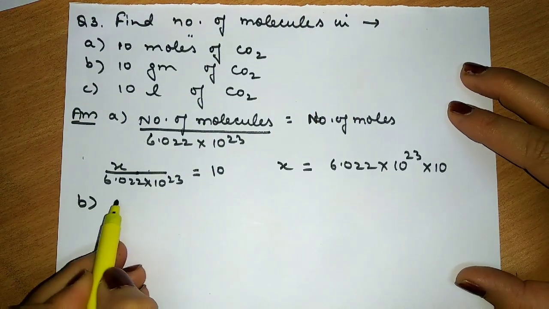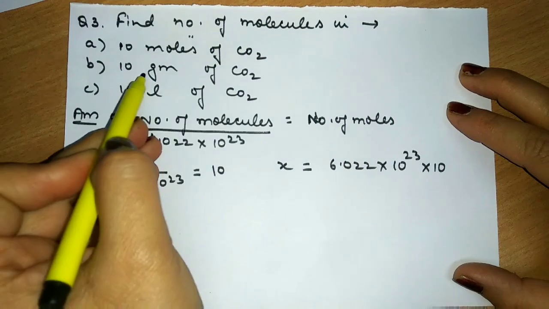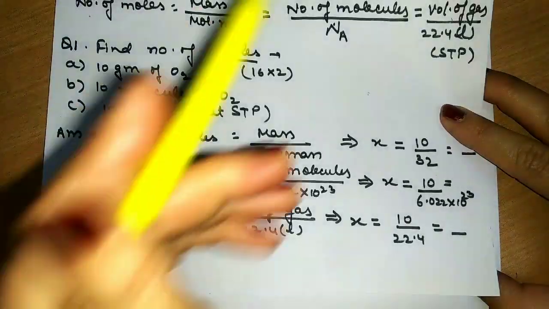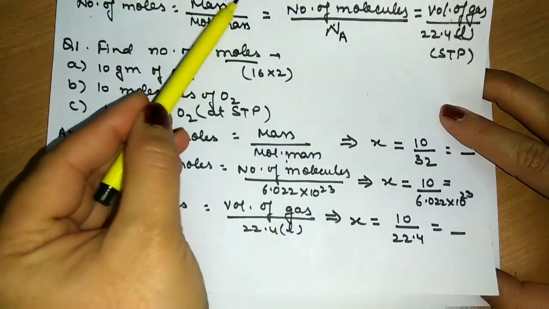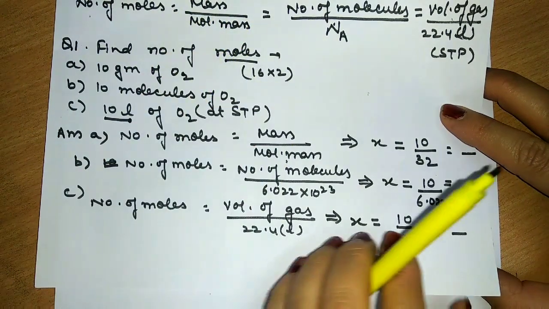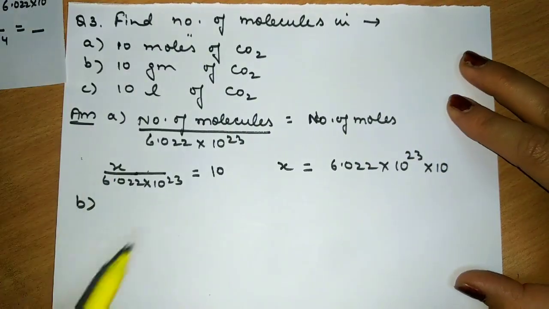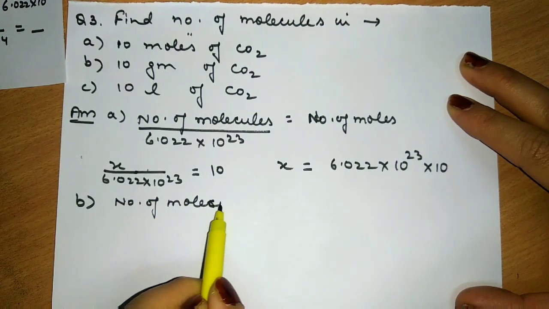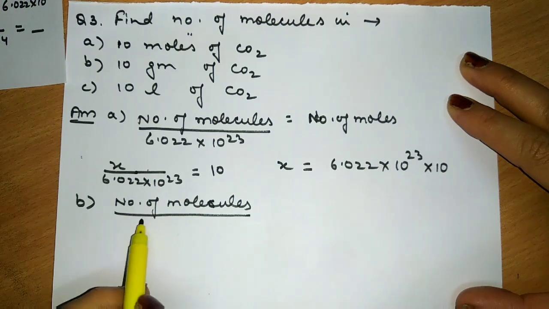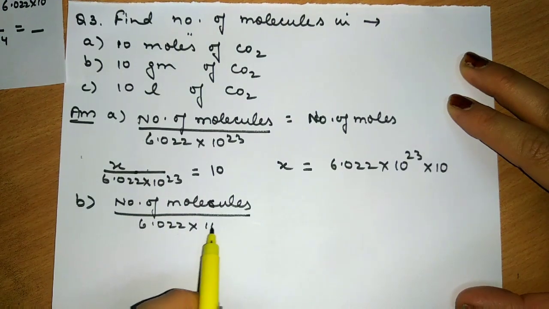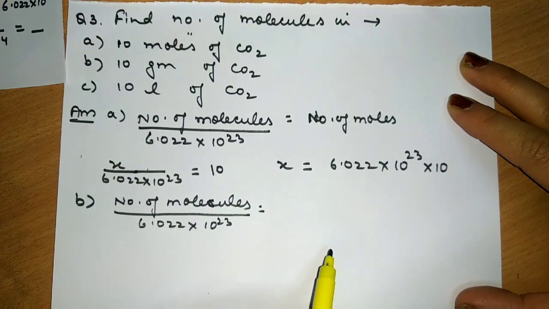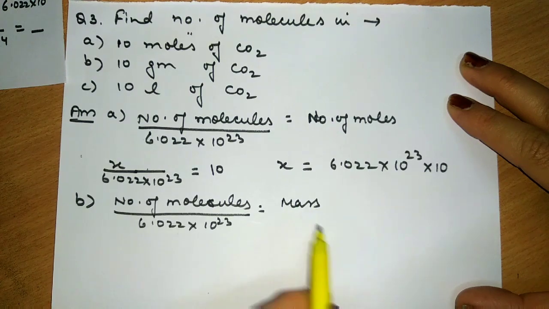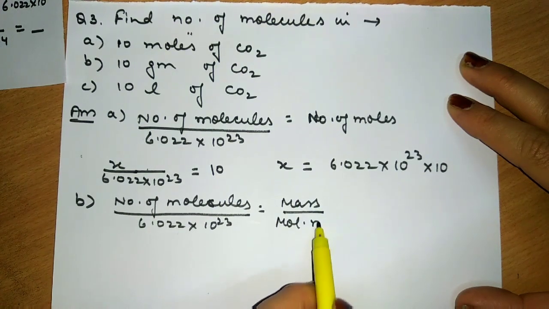Let us move to part B. Number of molecules is given, you have to find mass. So we take the number of molecules formula and the mass formula, and correlate these two. Number of molecules divided by 6.022 into 10 to the power 23 is equal to mass divided by molar mass.